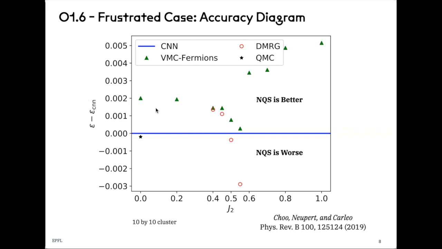If these points are in this upper part of this diagram, it means that our energies are lower, which means that we have a better approximation of the ground state. If they are here, it means that these other methods are better, so they have lower estimates of the energy. For a first application, this was not too bad because we were improving on everything in all the phase diagram, but for this point around 0.5, you can see that this DMRG approach still had a better energy at this point in time.